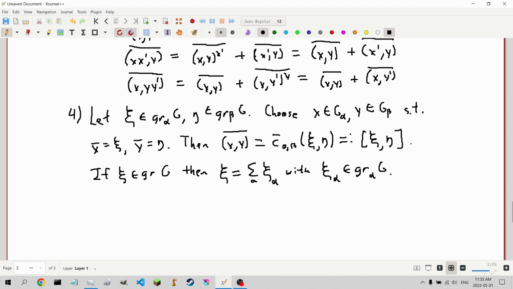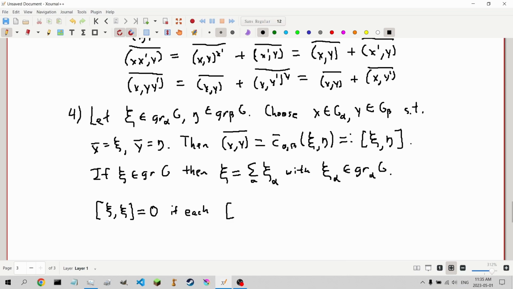Now we need to start showing the properties of the Lie bracket. We have it's bilinear already from before. So it is going to be alternating if we can show that, by bilinearity, this is going to split across each of our Xi alphas.